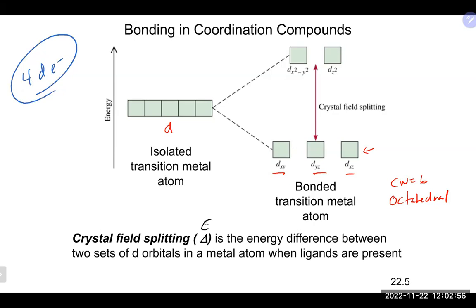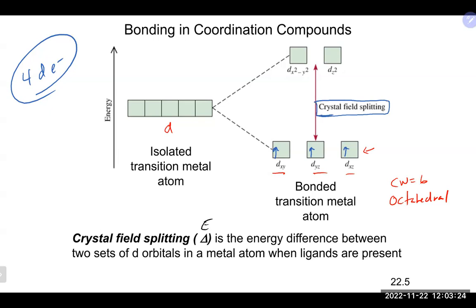Like normal, electrons always fill from the lowest energy to the highest energy. So we would populate our lower d orbitals first. And when we get to, say, our fourth electron, we have basically a choice to make. And the choice is based on this crystal field splitting.